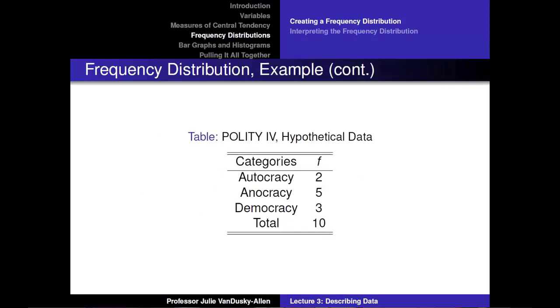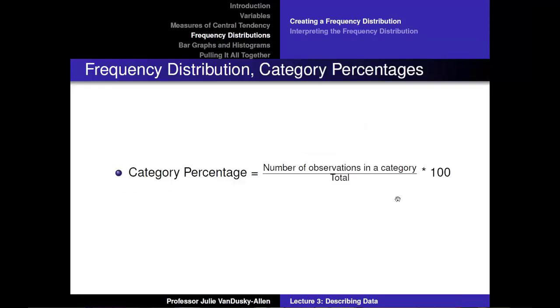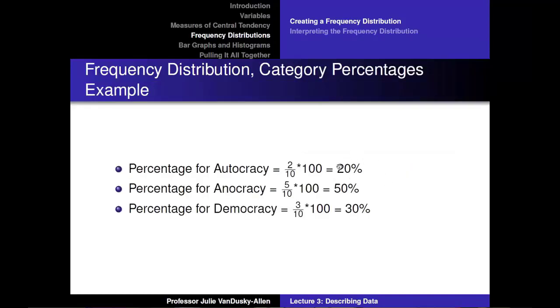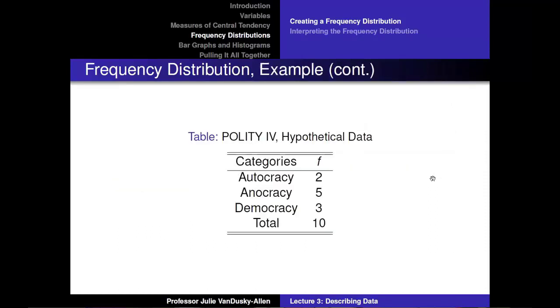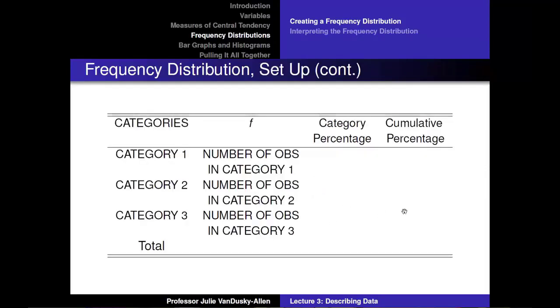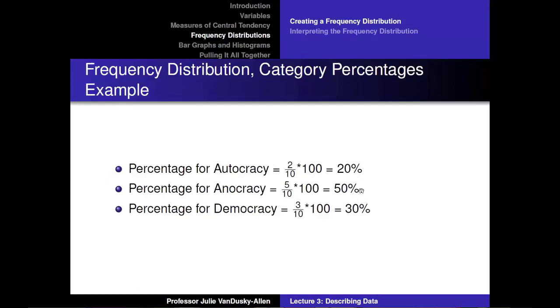Going back to our frequency distribution example, the category percentage for autocracy would be 2 divided by 10 and that number multiplied by 100, which is 20%. The category percentage for anocracy would be 5 divided by 10 and that number multiplied by 100, or 50%.